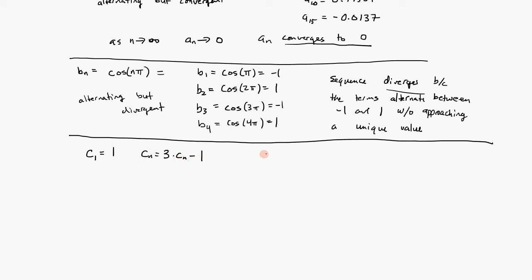We calculated this sequence before: c1 is equal to 1, c2 is equal to 2, c3 is equal to 5, c4 was equal to 14, and c5 was equal to 41. You can see that each successive term gets larger and larger. So as n goes to infinity, the terms get larger and larger, so they go to infinity. This sequence diverges.